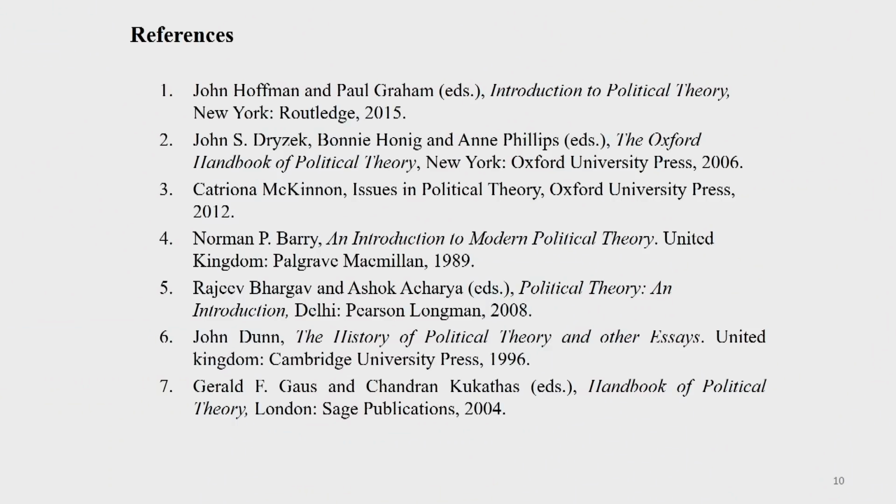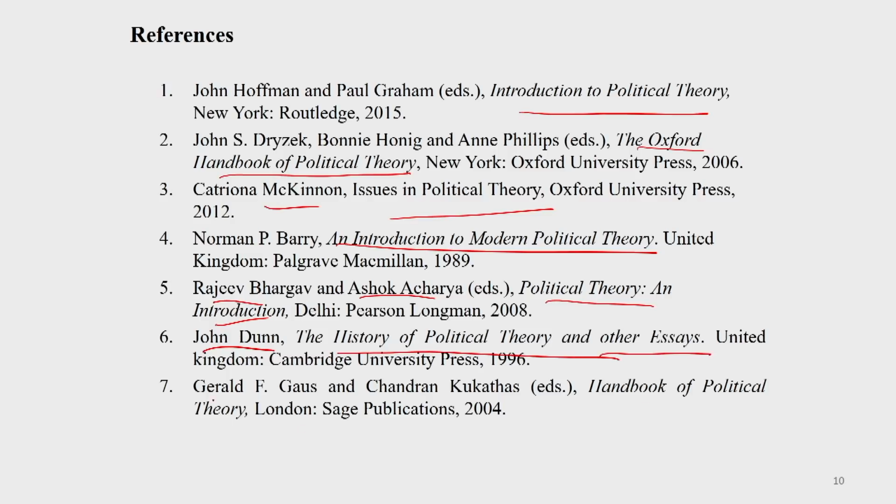Now, for this lecture today, you can refer to some of these books: John Hoffman and Paul Graham, Introduction to Political Theory; John S. Dryzek, Honig and Phillips, edited The Oxford Handbook of Political Theory; Catriona McKinnon, Issues in Political Theory; Norman P. Barry, An Introduction to Modern Political Theory; Rajeev Bhargava and Ashok Acharya, Political Theory: An Introduction, which is also a very helpful book for understanding some of the themes we have discussed today and many other topics in our syllabus; John Dunn, The History of Political Theory and Other Essays; and Gerald Gaus and Chandran Kukathas, Handbook of Political Theory.